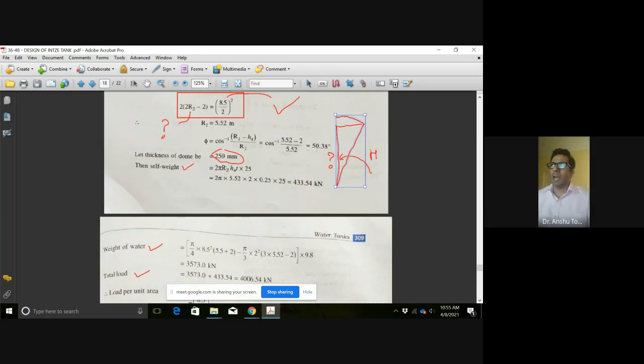That is 2 pi r H T. This becomes your surface area, this becomes the thickness T, and this is the unit weight.